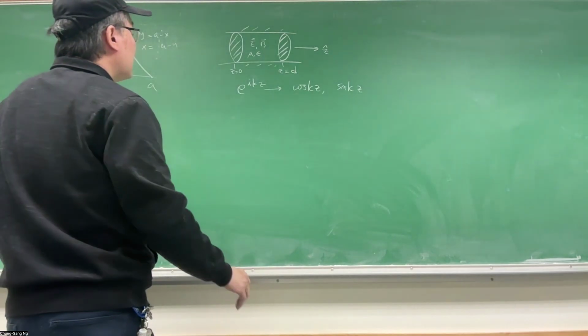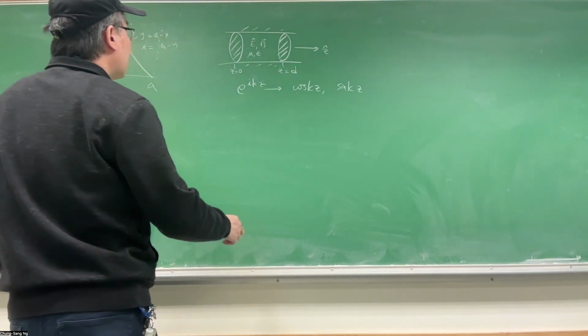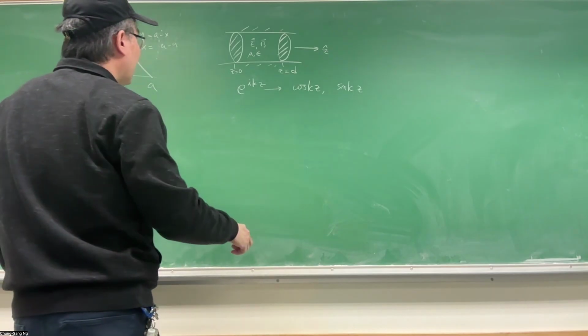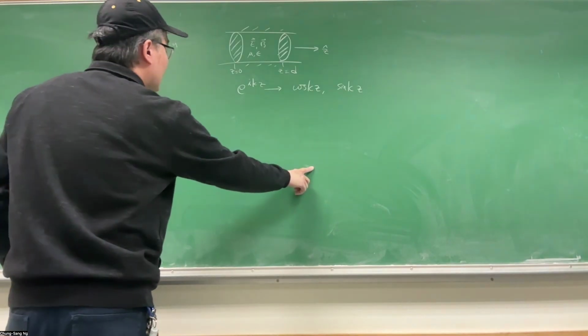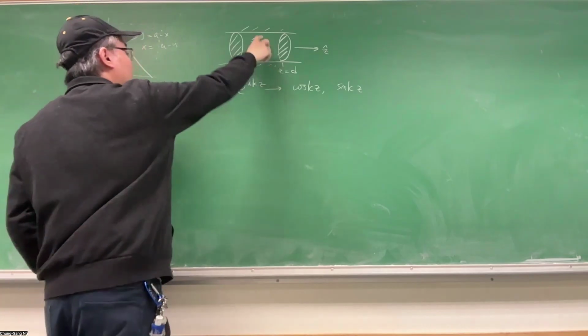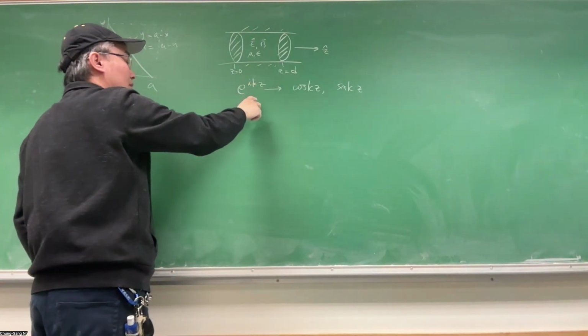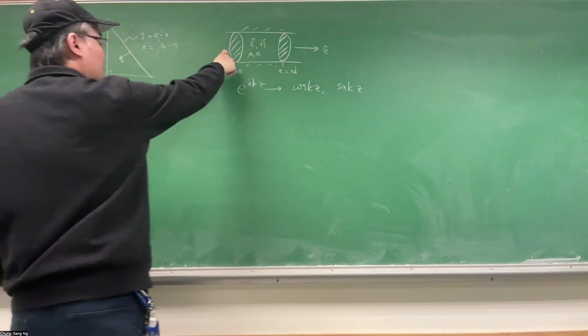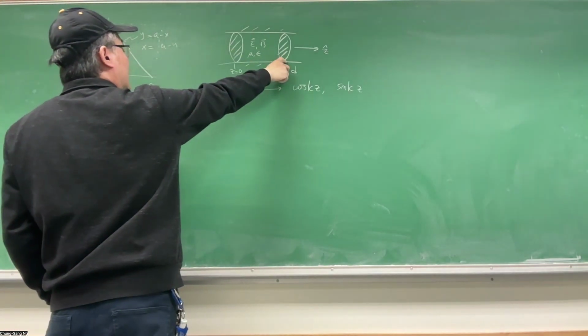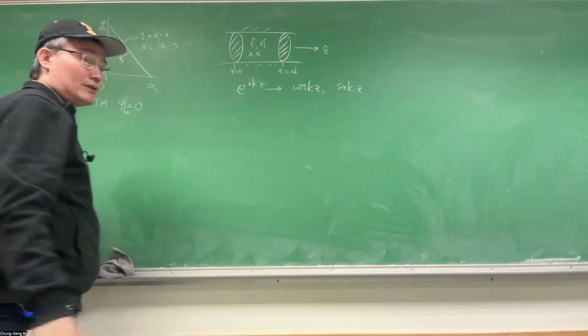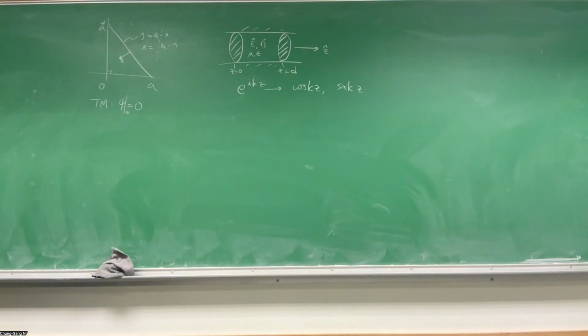For the TM mode and TE mode, the boundary conditions will be different. The boundary condition on the side surfaces will be the same, but the boundary conditions on the two new boundaries at Z equals 0 and Z equals D will be different from the waveguide.